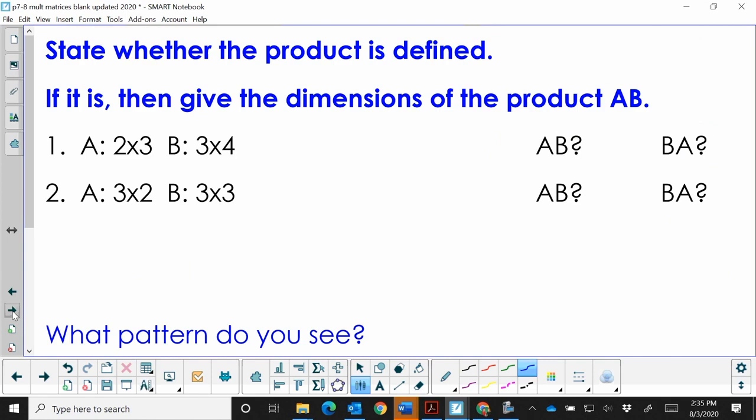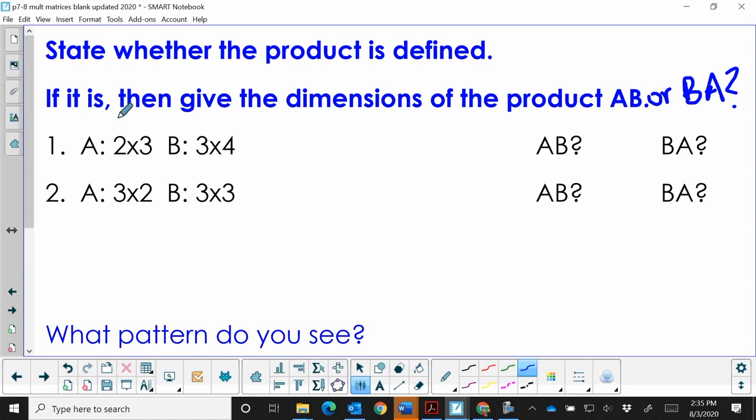Okay, so state whether the product is defined, and if it is, then give the dimensions of the product of AB, or we're also going to look at BA. Can we reverse them and multiply them? So let's take A times B. A is a 2 by 3 matrix. B is a 3 by 4 matrix.